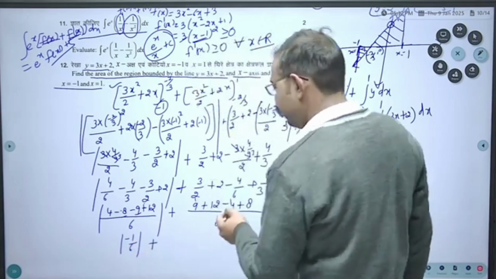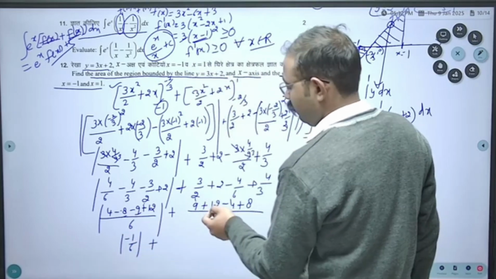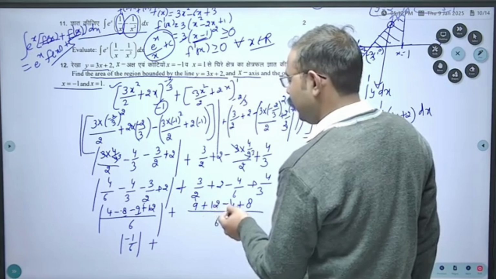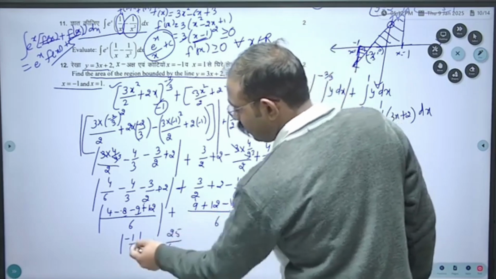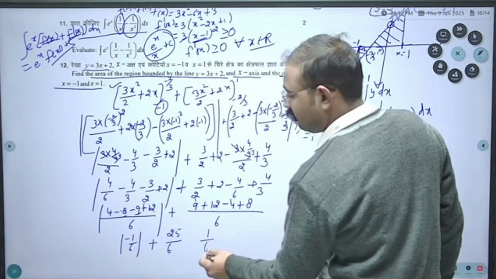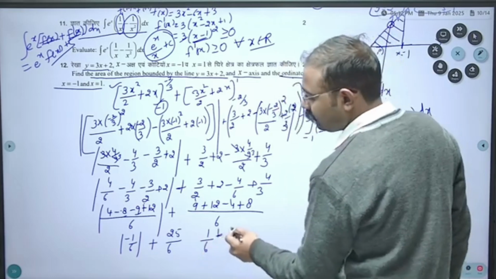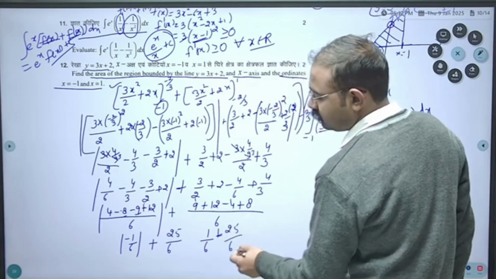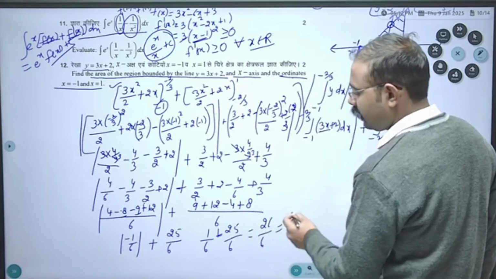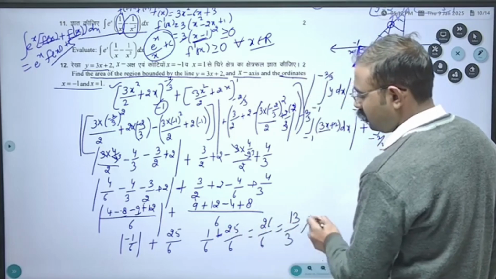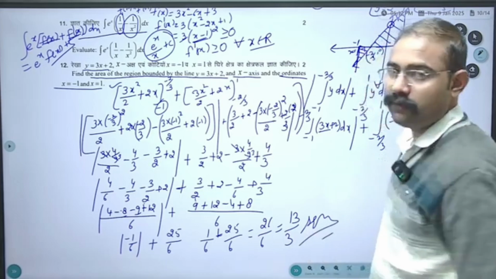Plus on this side, 12 minus 4 is 8, 8 plus 8 is 16, 16 minus 9, 25 upon 6. Magnitude, then the result will be positive 1 upon 6 plus 25 upon 6, 25 plus 1, 26 upon 6, which is 13 upon 3 square unit.